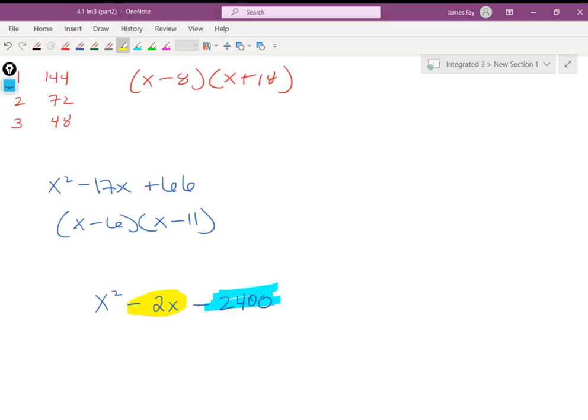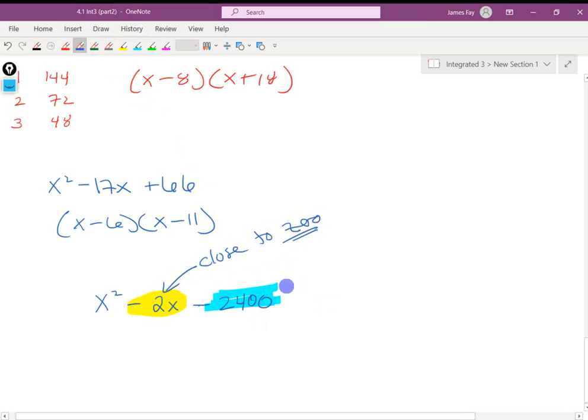If I'm multiplying two numbers together to give me 2400, and they're adding up to negative 2, this is close to 0. Agree with that? So the two numbers that we're going to use to multiply together to give me 2400 are close to being opposites.